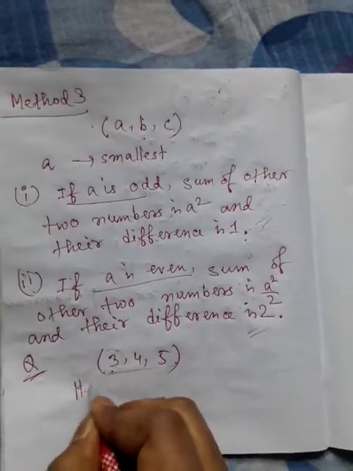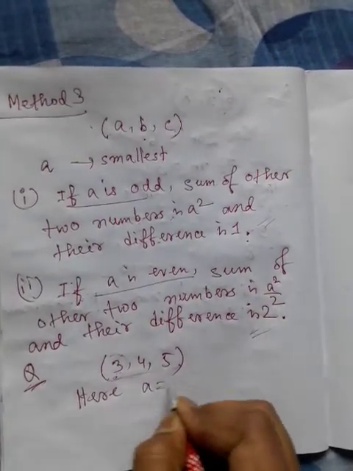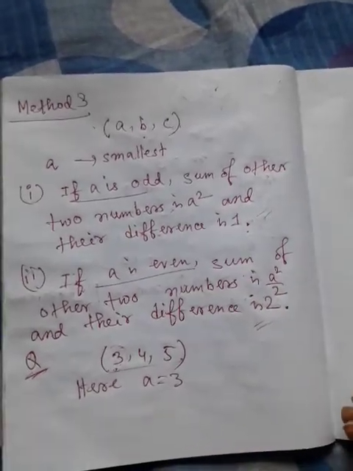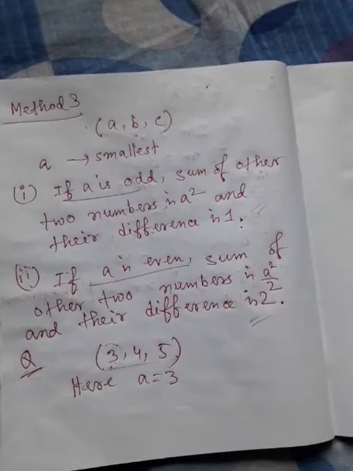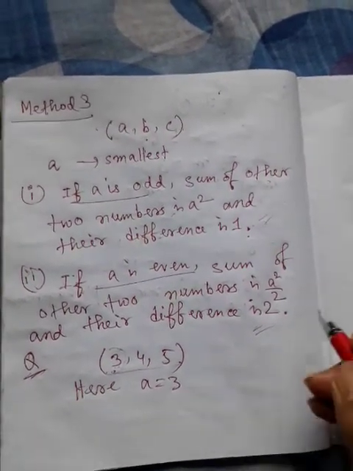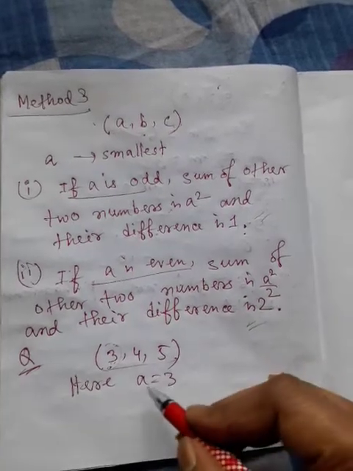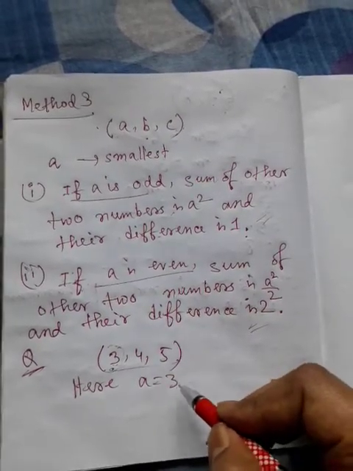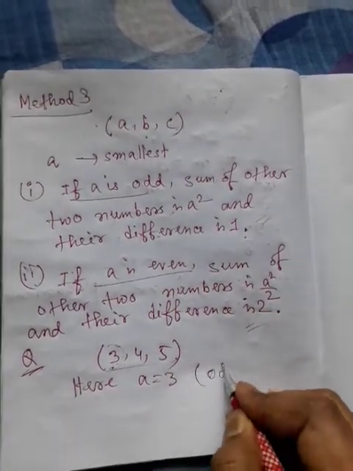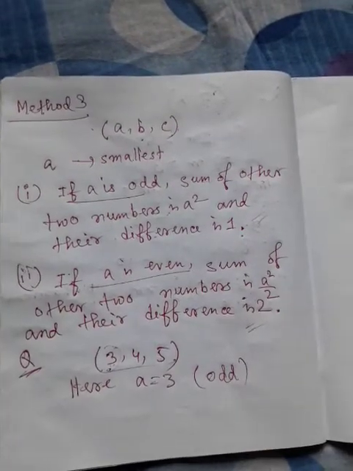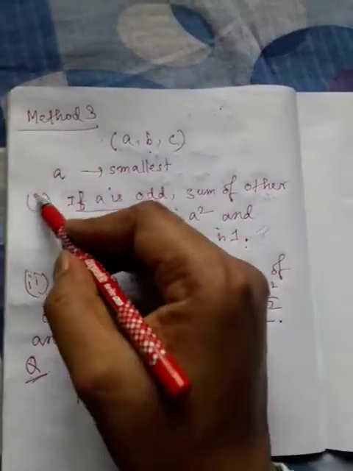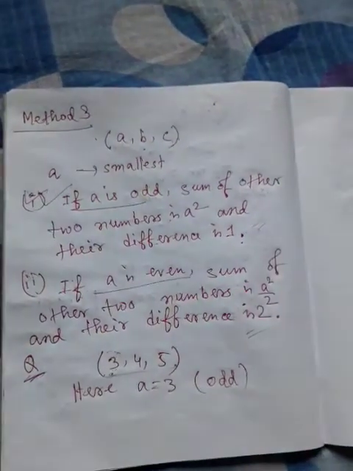So here A equal to 3. We have to check whether the value of A is odd or even. 3 is obviously odd. Then we have to follow this rule.